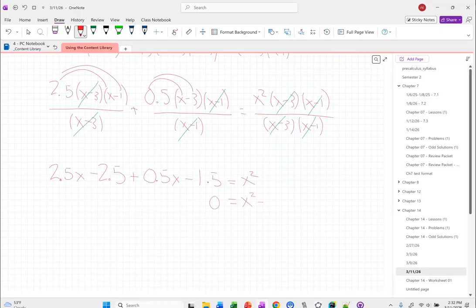Add the like terms. Does that feel okay?